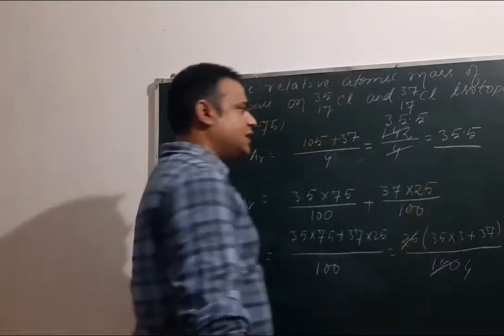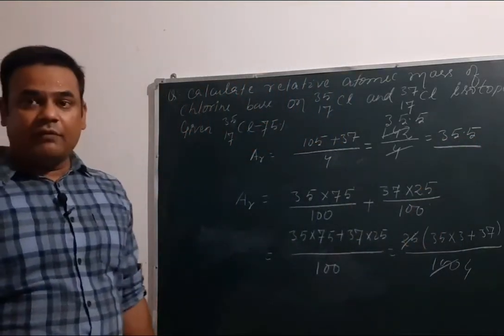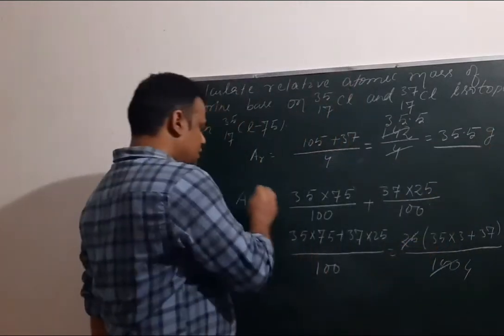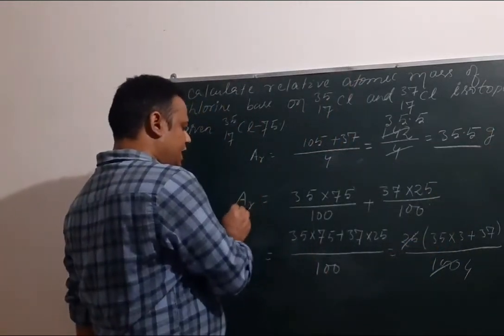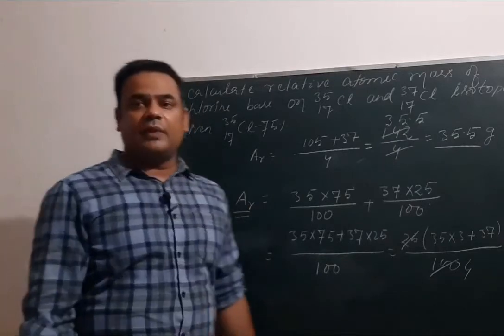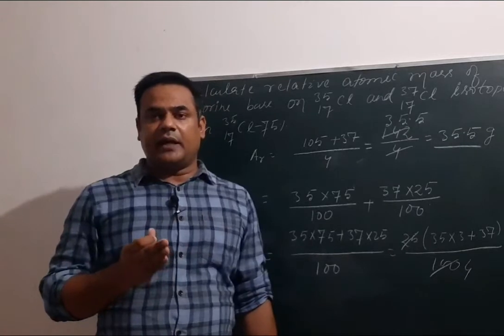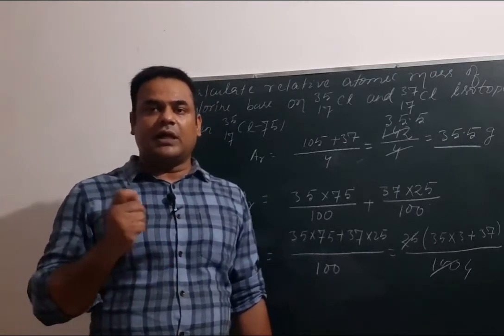So this is 35.5. Here we will not write 35.5 gram. Why? Because in the definition and the formula we have seen that relative atomic mass is a ratio of two masses: the mass of an atom divided by 1/12 of the mass of one carbon atom.